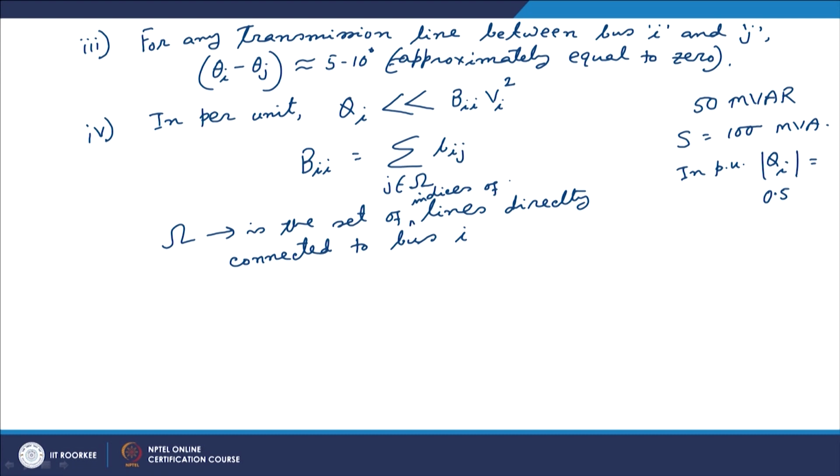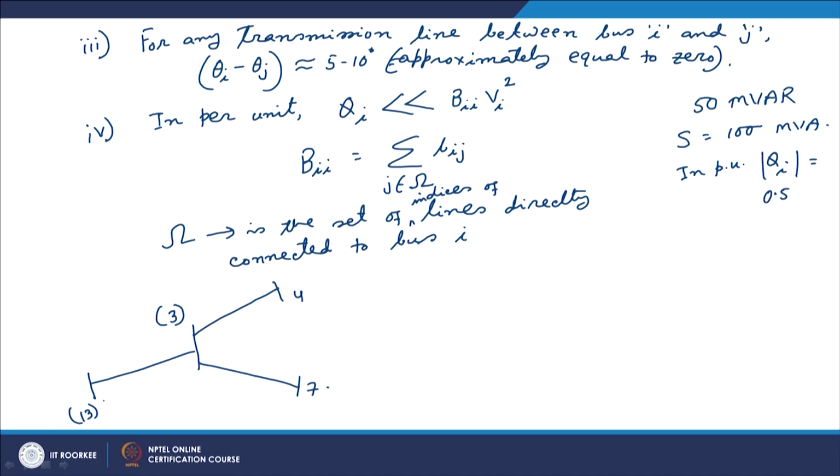For example, suppose I do have bus, let us say bus 3, in some system, and let us say this bus 3 is directly connected to bus 4, and let us say this is bus 7, and here it is connected to, let us say, bus 13.